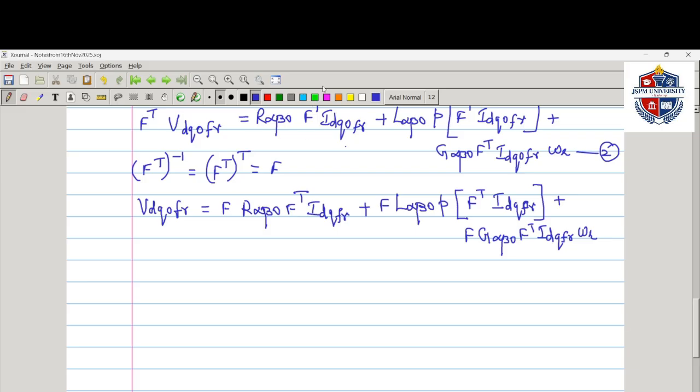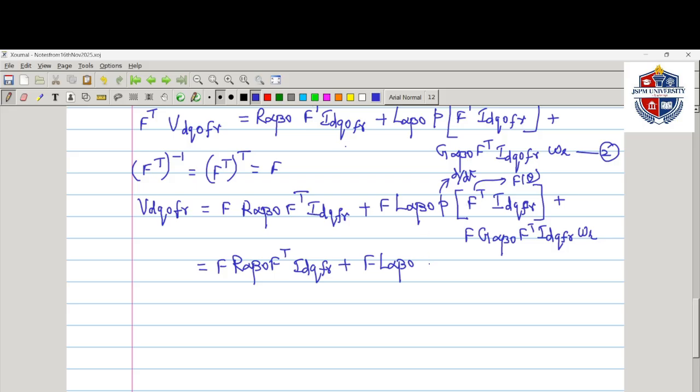We know P is nothing but d by dt, but F is a function of theta. So now I am modifying this equation: F into R alpha beta 0 F transpose I dq fr plus F into L alpha beta 0. Then I am differentiating this F with respect to theta.